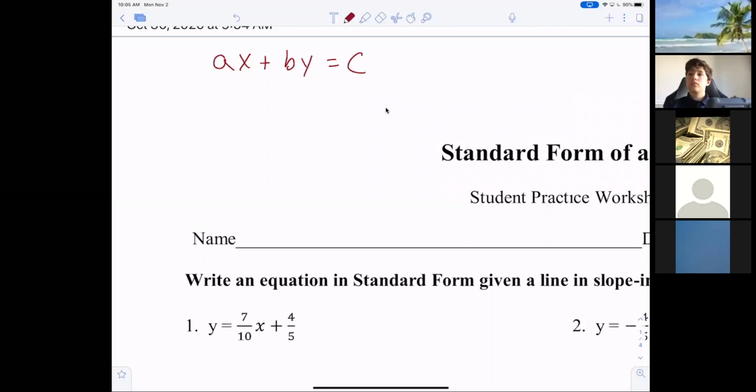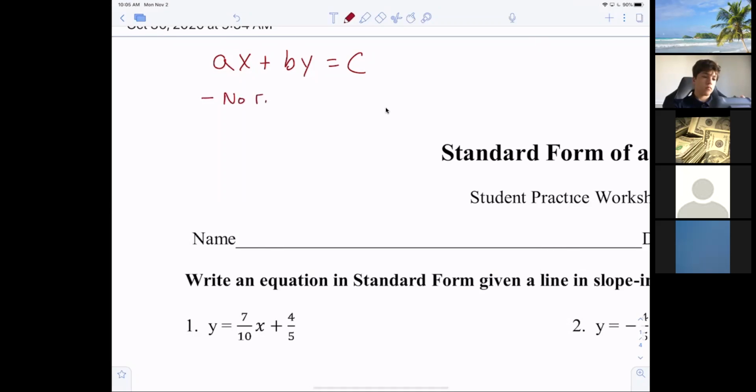Okay, back to standard form. Again, standard form is written in the form ax plus by equals c. Generally, there are a few rules. We say A, B, and C are integers, or we can just say no fractions are allowed.